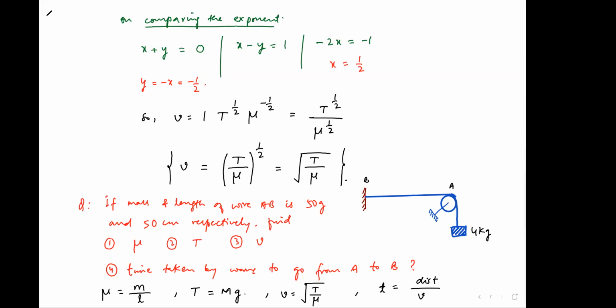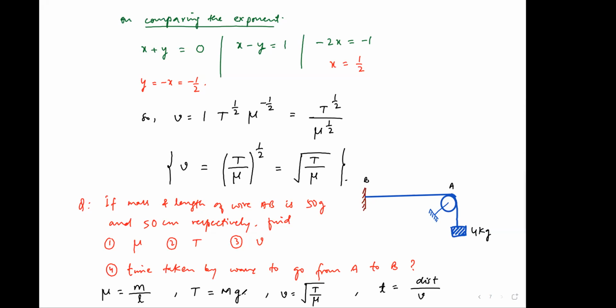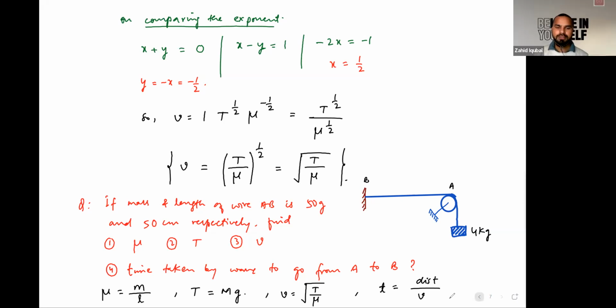Yes, sir. What will be the value of tension? 40. Good. Just put these two values in the third part to obtain velocity of the transverse wave.